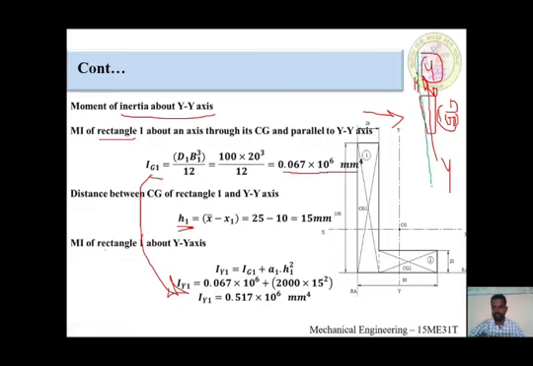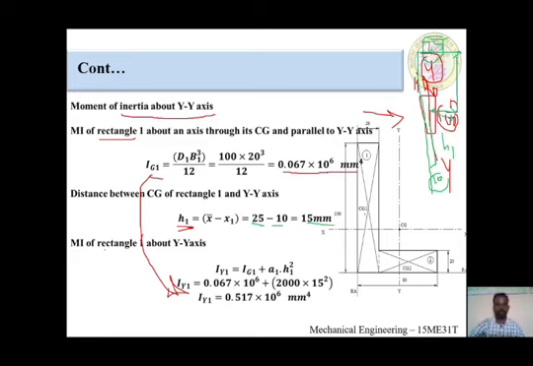X bar we got is 25 millimeter. From here to half of the component is 10 millimeter. X bar minus X1 is equal to 25 minus 10, which is 15 millimeter. This distance we call H1.